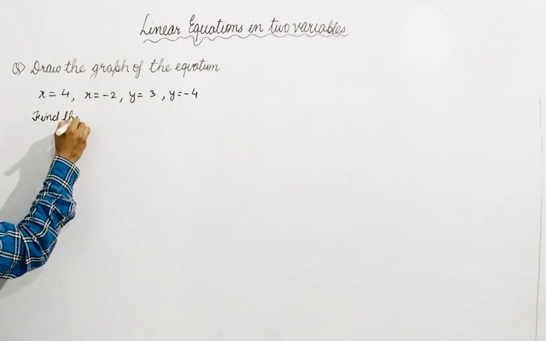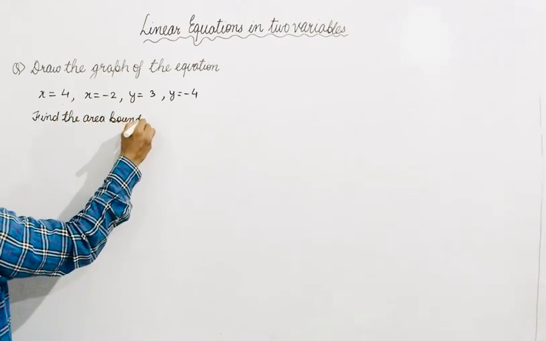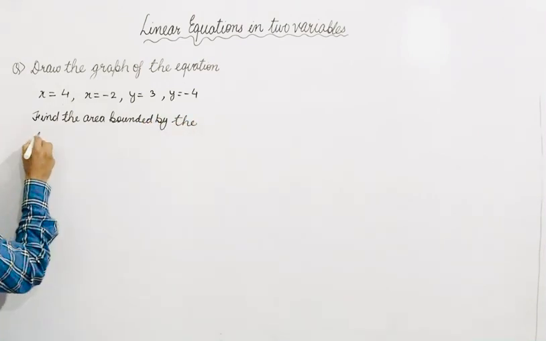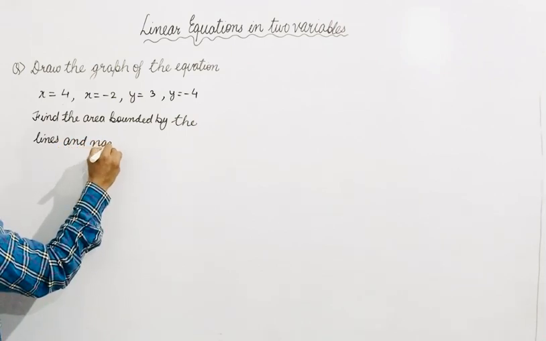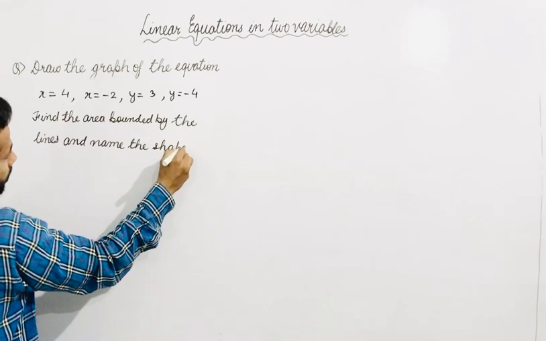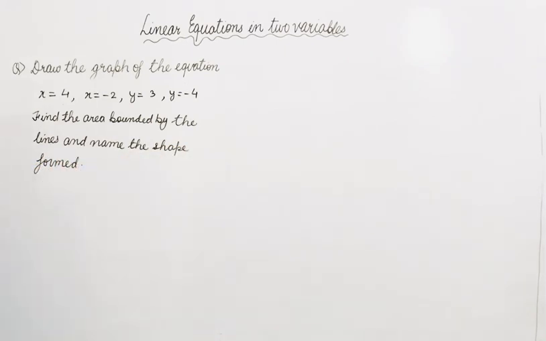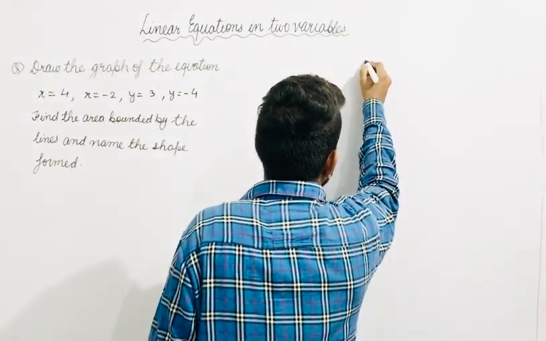Find the area bounded by the lines and name the shape formed. So this is your question. Let us draw the graph.